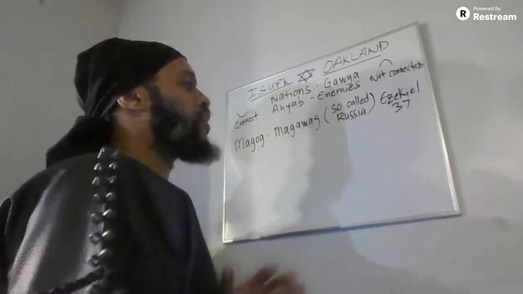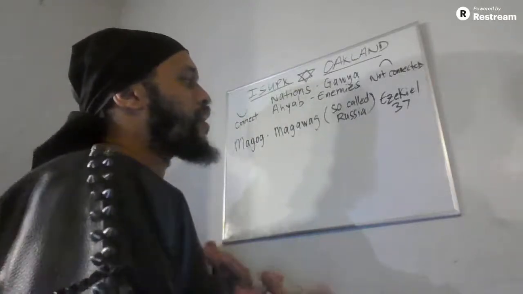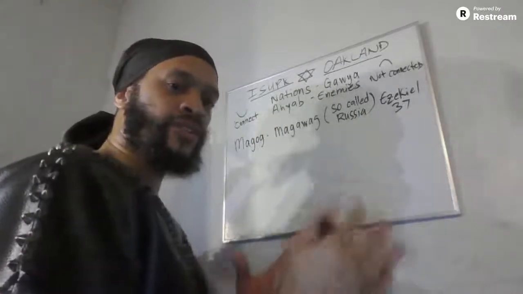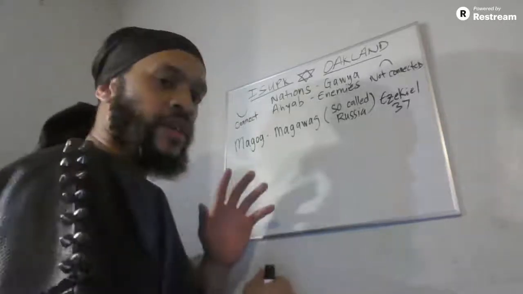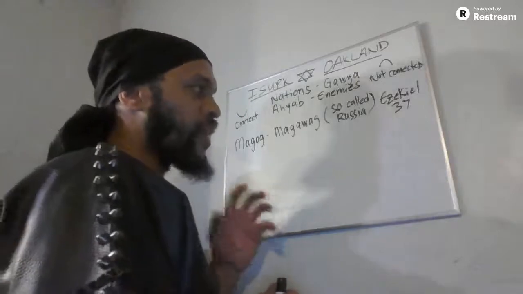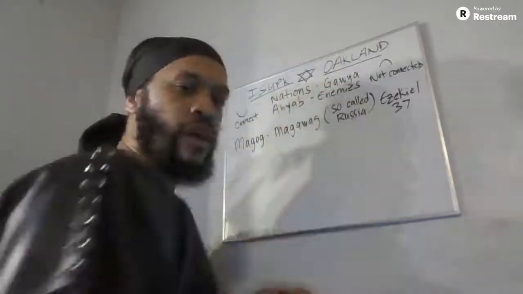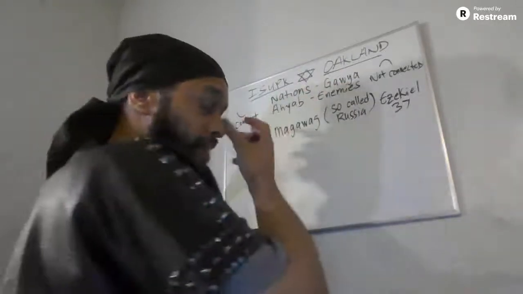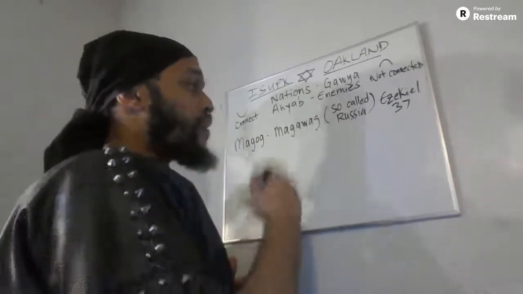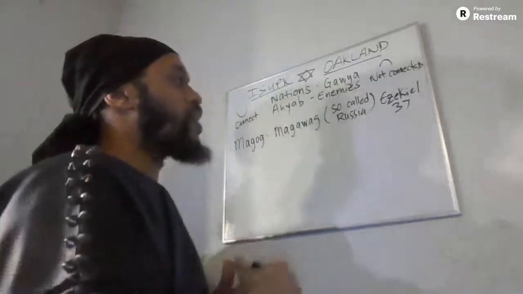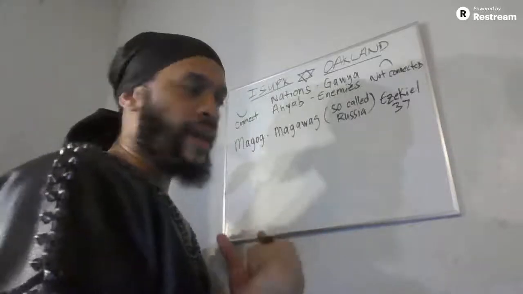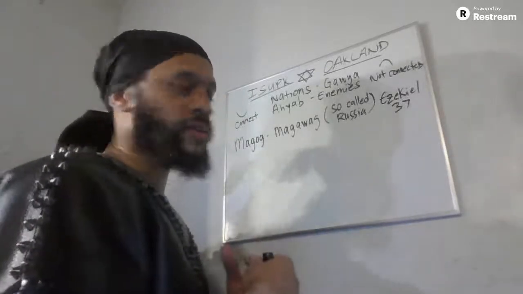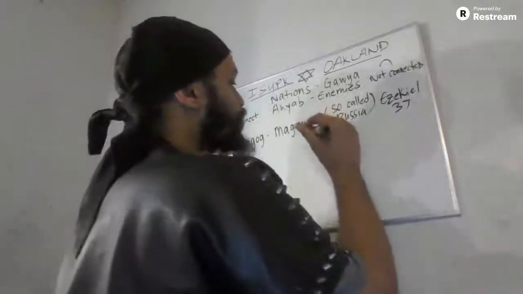I don't want to use the wrong names, but they're all backing behind the two most elite powers. Either you with the West, with America and his allies, or you with the East, with Russia and their allies. And that's what's going on right now in this world today, because the Lord is going to draw all nations into our land to battle, to fight, you know what I'm saying, in World War III.